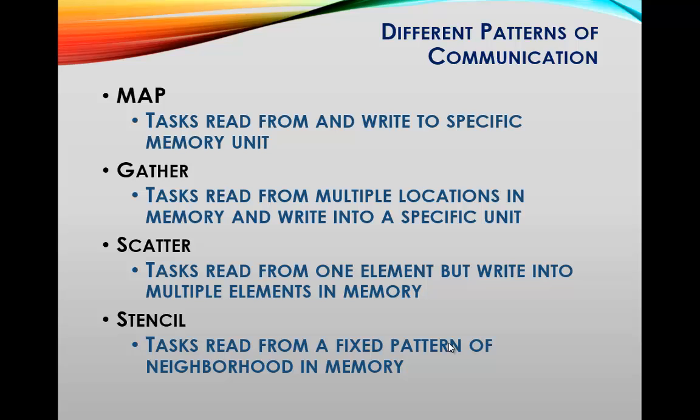If we can draw out specific patterns of communication between threads, we can look at the problem we're given and try to fit it into one of these models. And if we know how to program each of these specific models, we'll be able to easily program our problems. So it's basically a two-step problem.